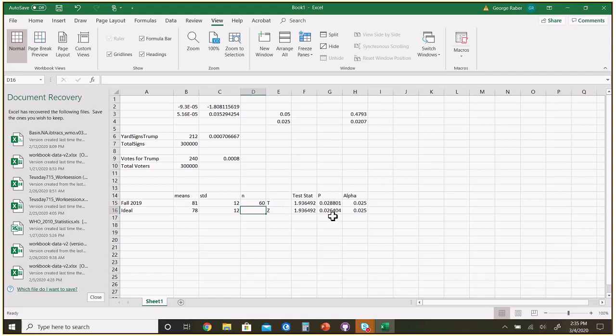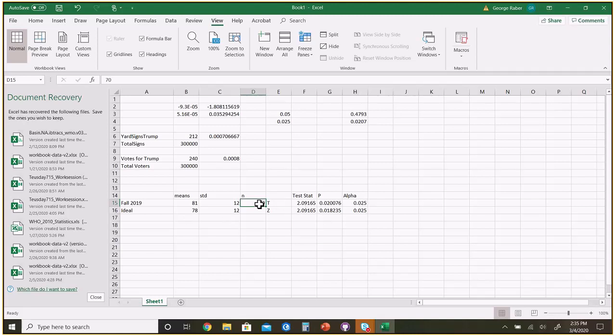That's 60. We would reject at 70. If we had 70 samples, we would reject both of these. In other words, we could reasonably say that these two values are significantly different.